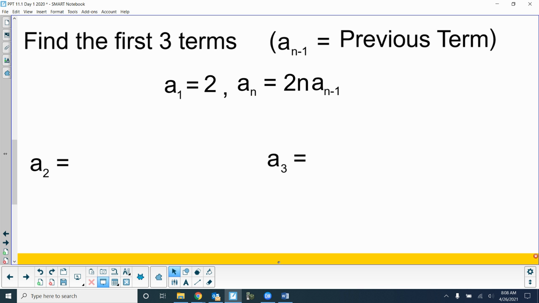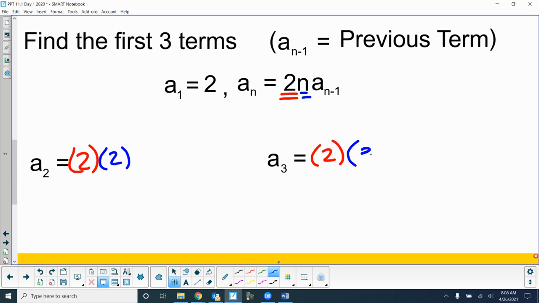8, yeah. Okay, look. Some of you guys are missing something here. This number is always what? 2. So you guys put 2 there. This number tells you what term it is. So what term is this one? 2. What term is this one? Okay. And then, what's this one telling you? The one before.